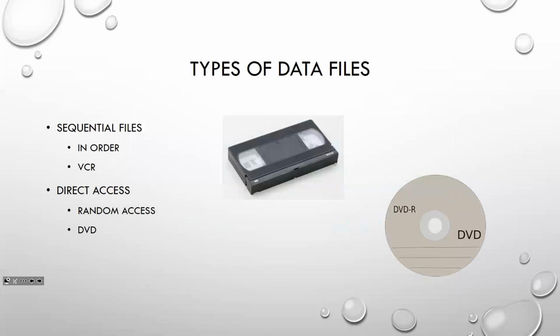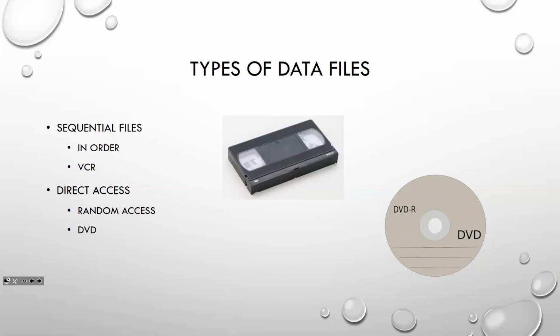Now, when we look at data files, I want you to think about these sequential ones versus what we're used to using right now. This is an old VHS tape. Do you remember using one? No? Some of you do? Well, if you don't, think about it. It's a tape.